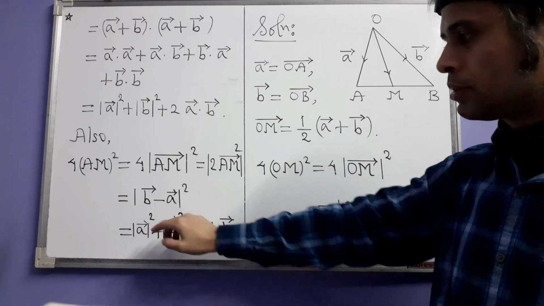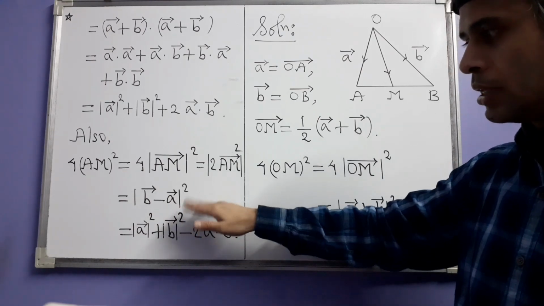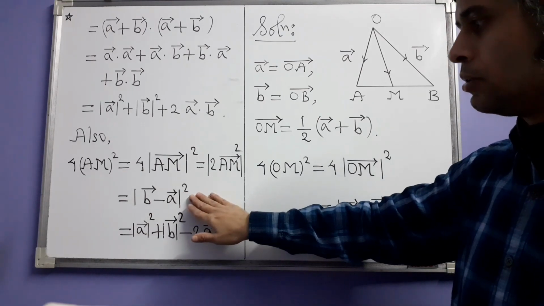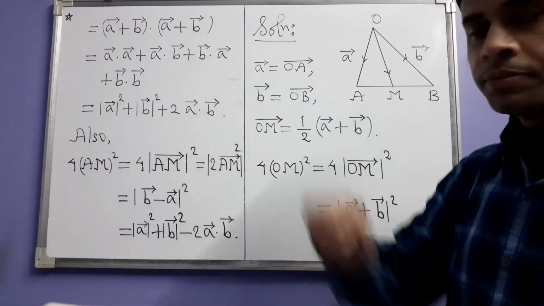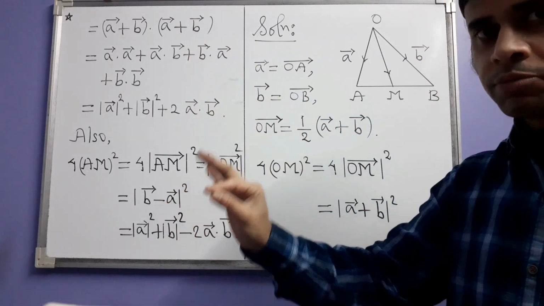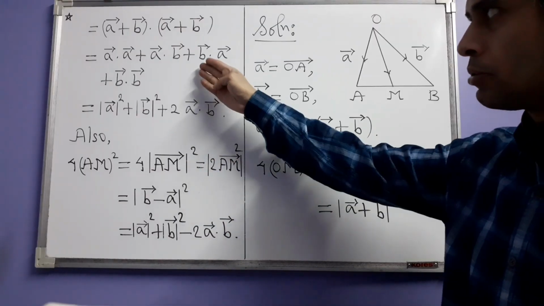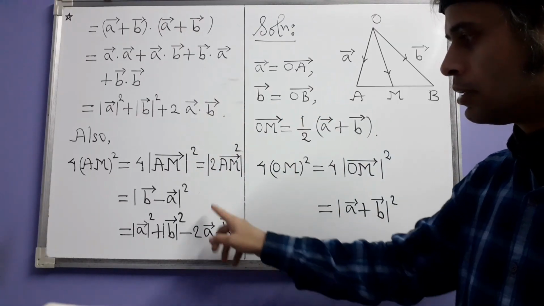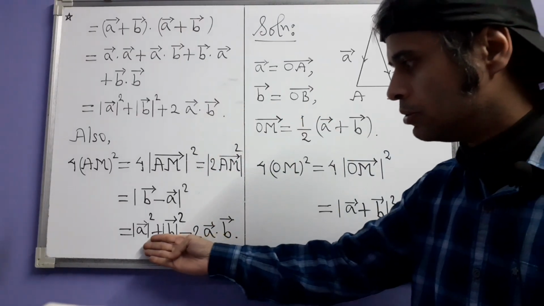And then I did not write the steps that would come here, which are similar to this. You write this one as B minus A scalar product B minus A, and then go through similar steps and then do whatever you need to do.